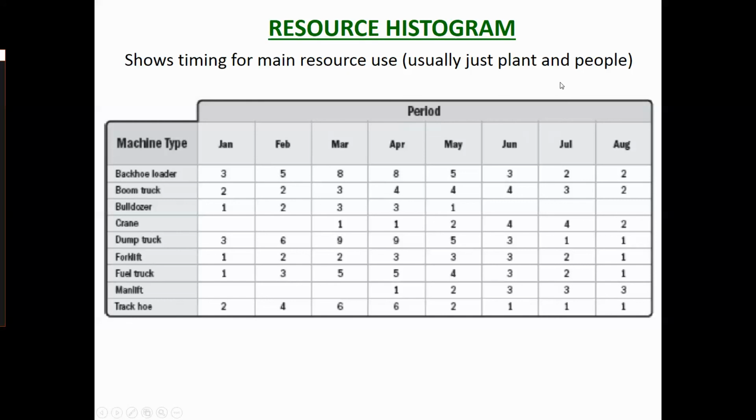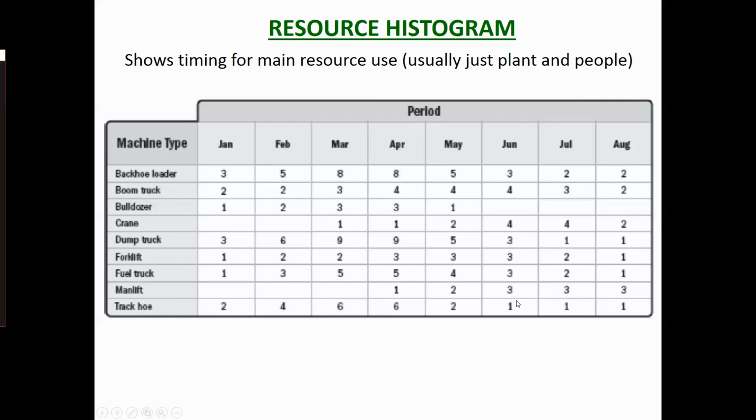Usually just plant and people. With materials, we're not too worried about it because we'll need to order it and we just go and pick it up when we need it. But for time-related things such as plant and people, we need to plan for when they're going to be on our site and when they're not. So that's what this resource sheet actually shows.